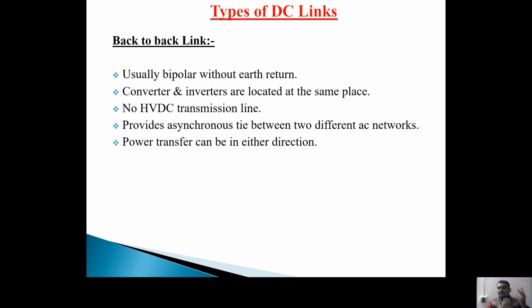The two power systems consist of two different frequencies. If we have two different frequencies for the two power systems, we have to use a DC link, not any AC link. So it provides an asynchronous tie between two different AC networks, and the power transfer can be in either direction.